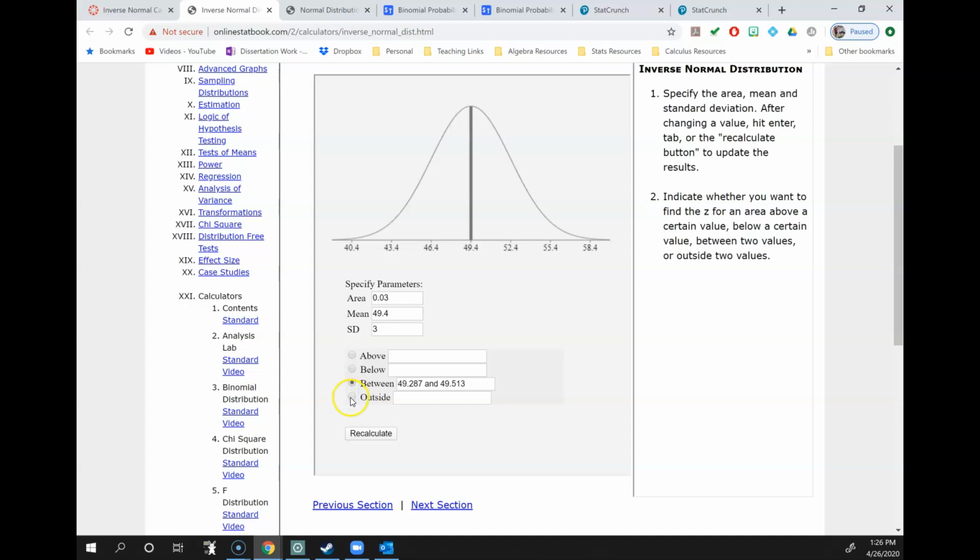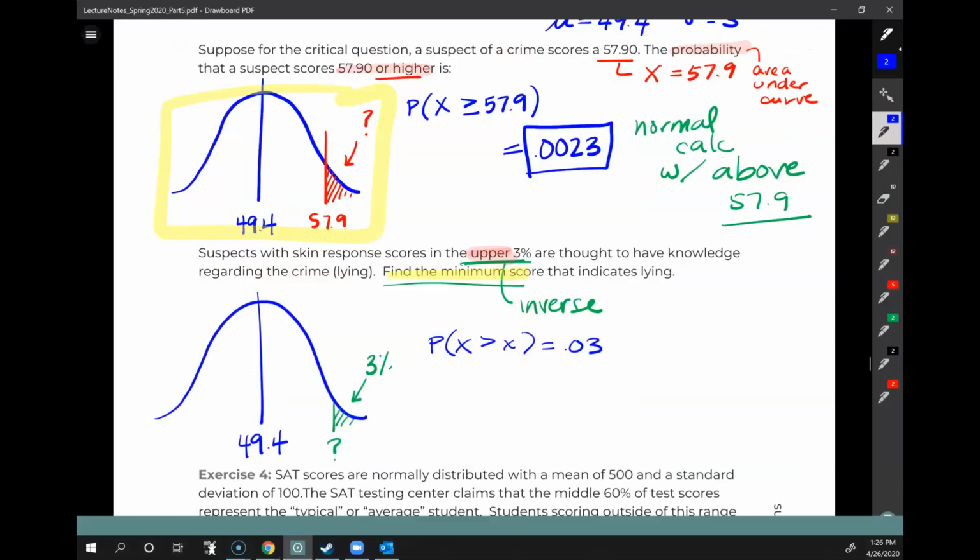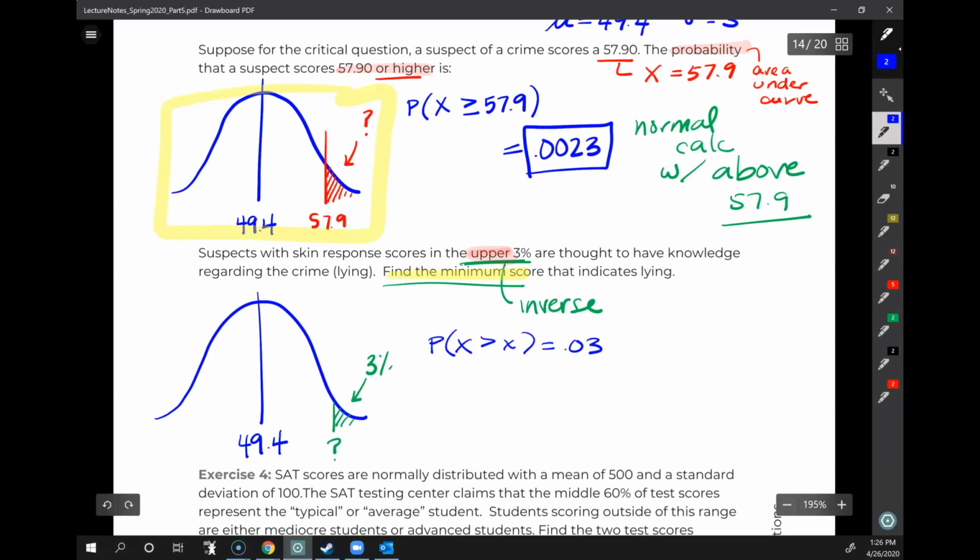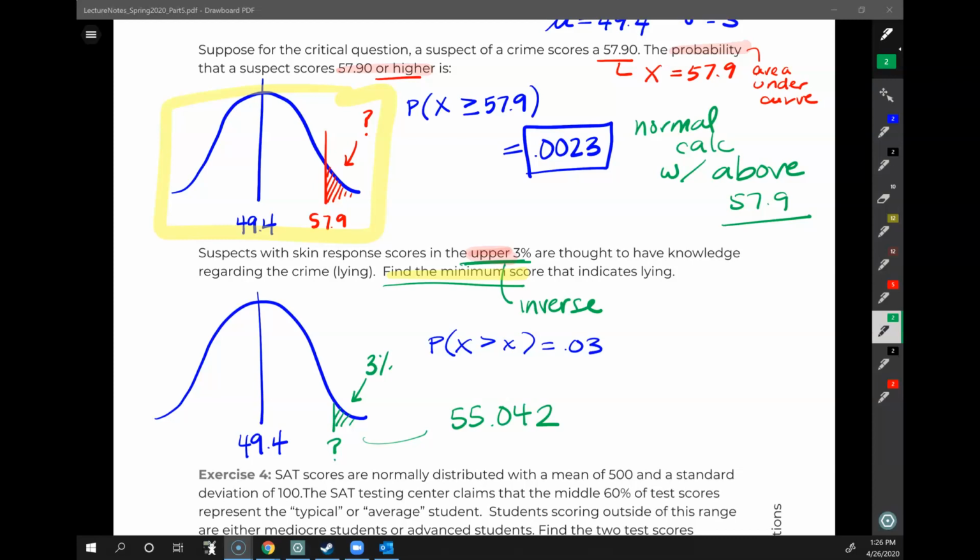Between would give us a middle percentage, and outside would give us a percent in the tails. Here we want an above, so our answer is just going to be 55.042. So this question mark here is 55.042, and there were no units, so typically we'd want to throw units back on top of this thing.